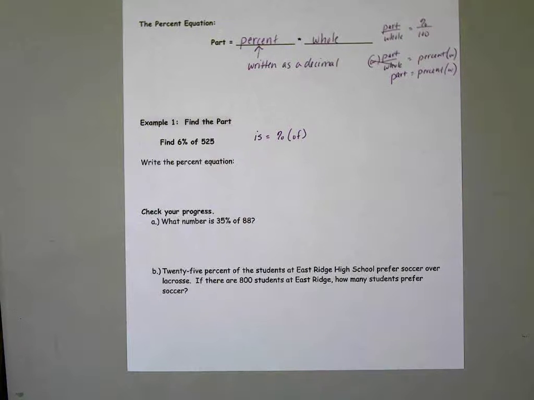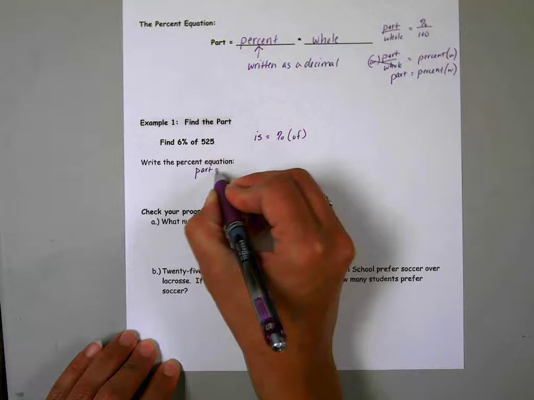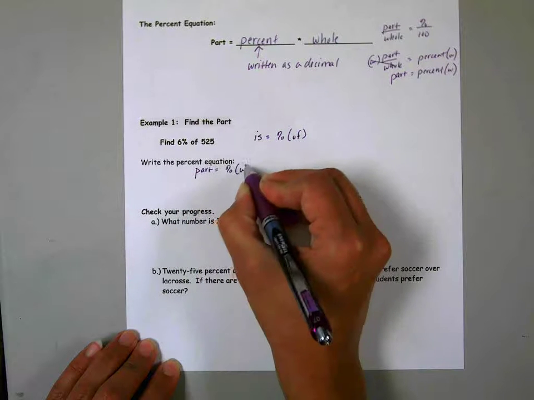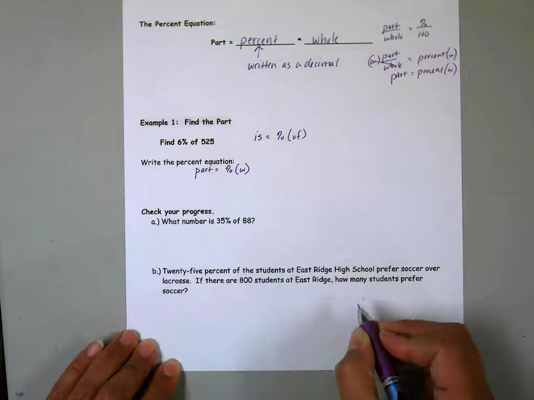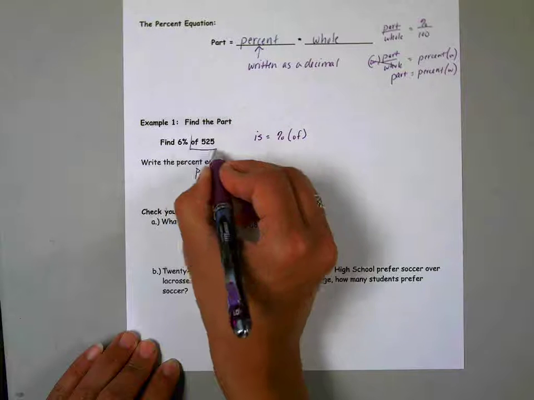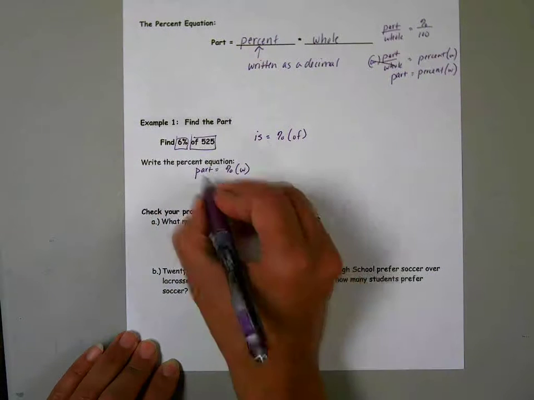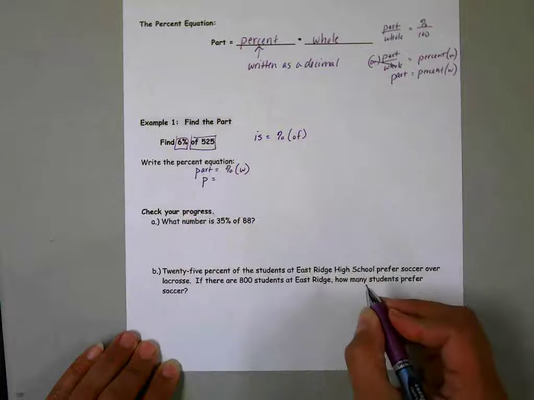So is, remember, is our part, of is our whole. So the percent equation is part equals percent times the whole. And the part, we don't know because we're finding the percent of 525. So I'm going to represent this as P for part.